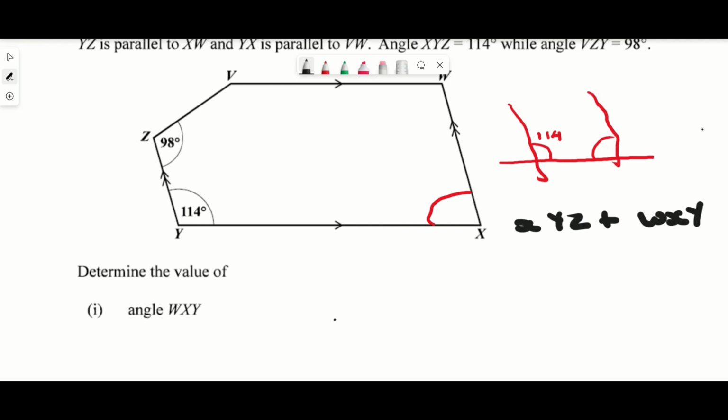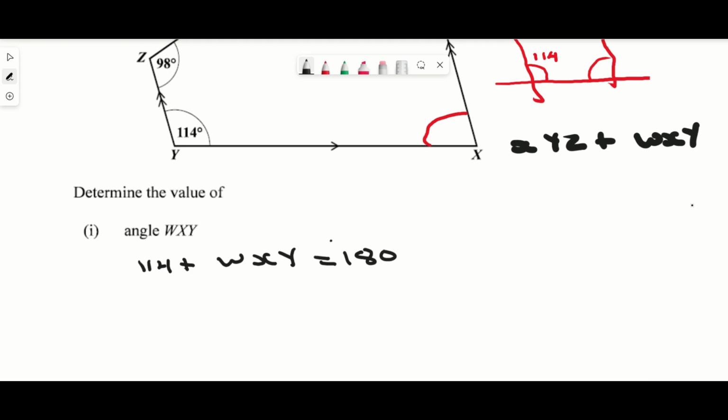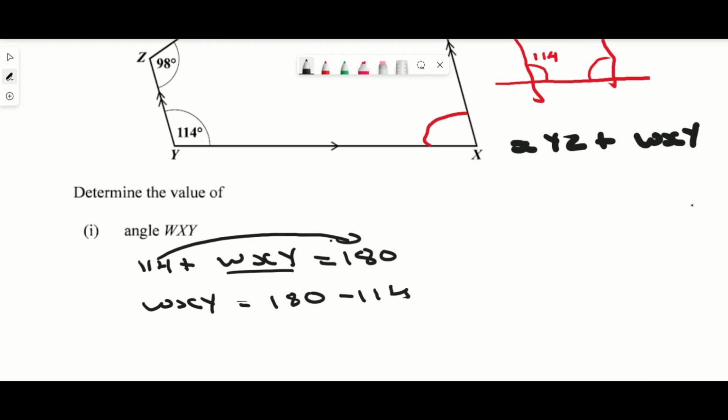So you're going to say 114 plus angle WXY is equal to 180. Then make this angle the subject. We're going to carry across 114 over the equal sign. So WXY is equal to 180 minus 114. So that angle here is equal to 66 degrees.